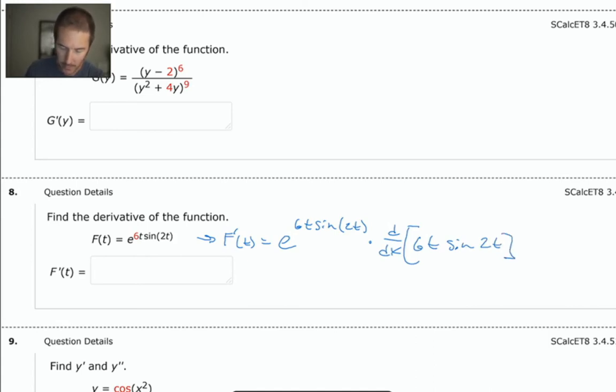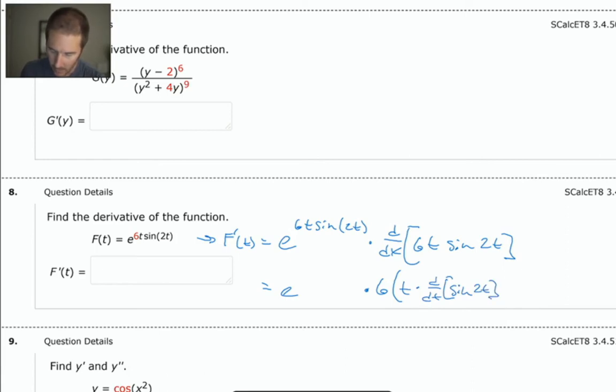Okay, so we need the derivative of the exponent. Equals e to the blah, blah, blah times, all right, now we've got the product rule. Let's factor the 6 out of it. And now we need to keep the t the same and multiply by the derivative dt of the sine of 2t.